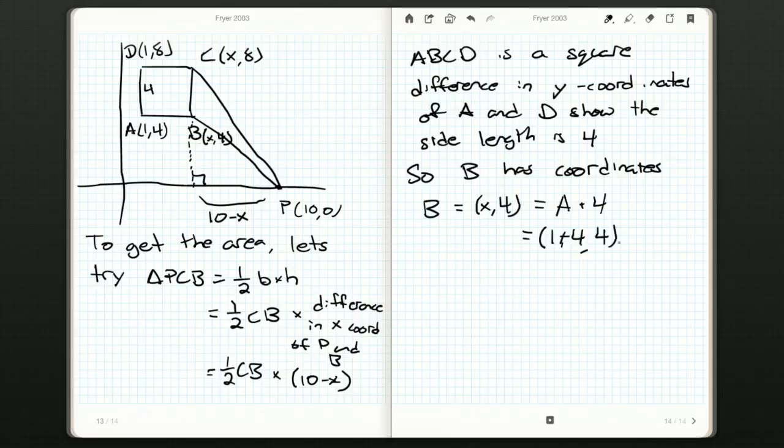So we add 4 to the x-coordinate. So it's going to be at 5, 4.